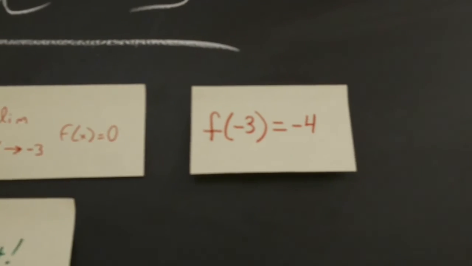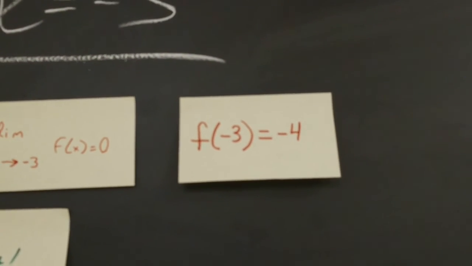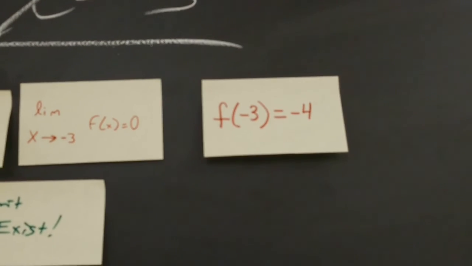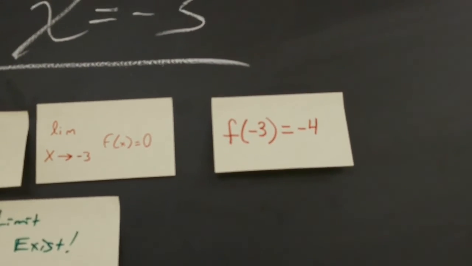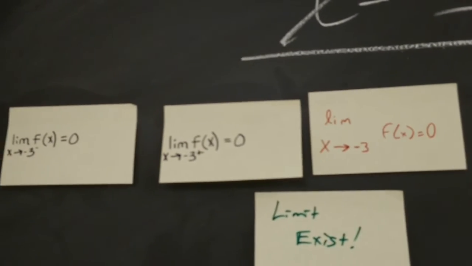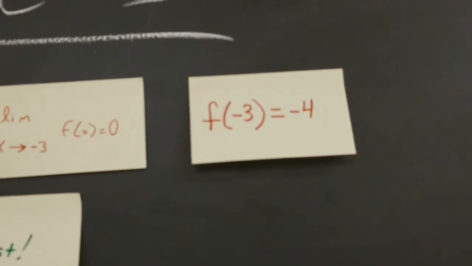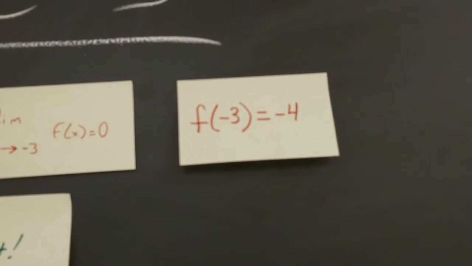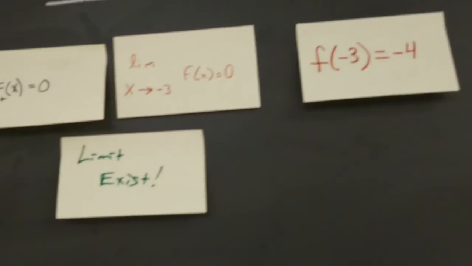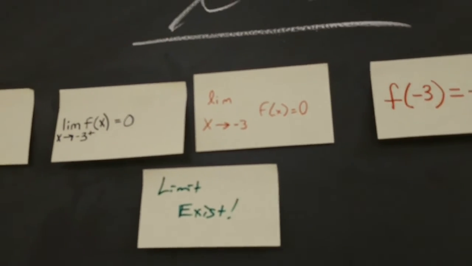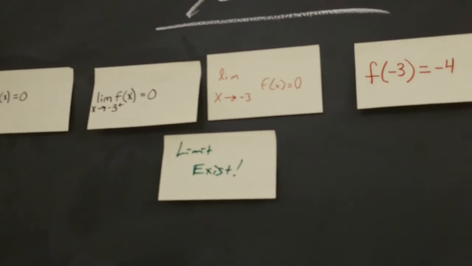However, the value at -3 is not the same as the limit. It's a different y value. And so when you have the limit, which is 0, being different than the value, which is -4, we would say that there is a point discontinuity. There is a hole in the graph. By the way, the limit does exist here. We'll talk about that a little bit later in the next video.